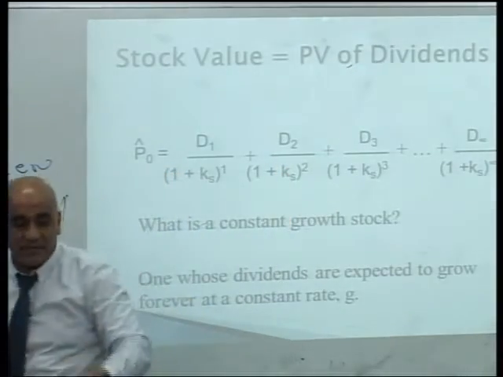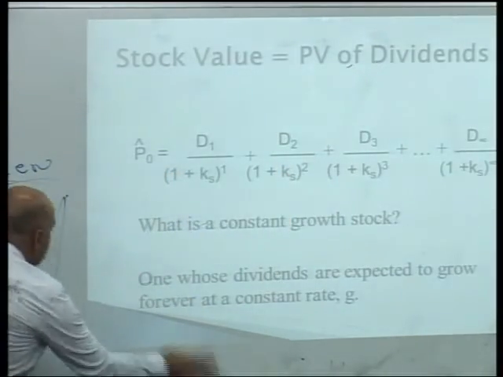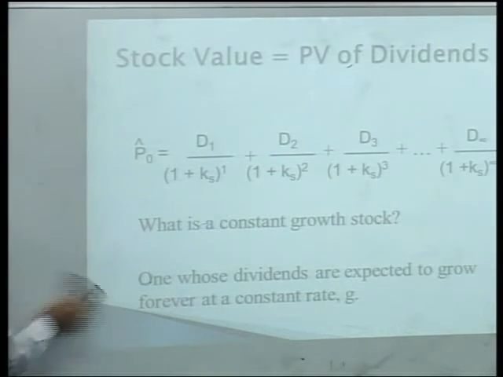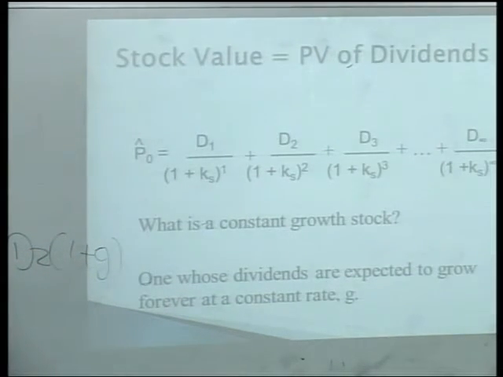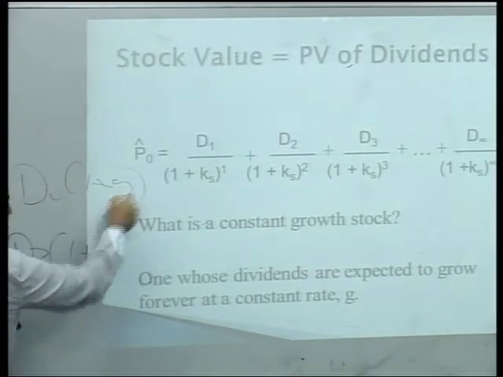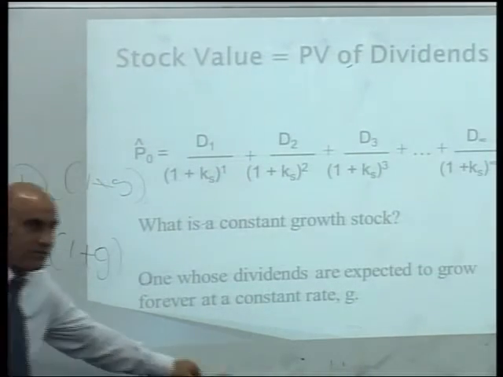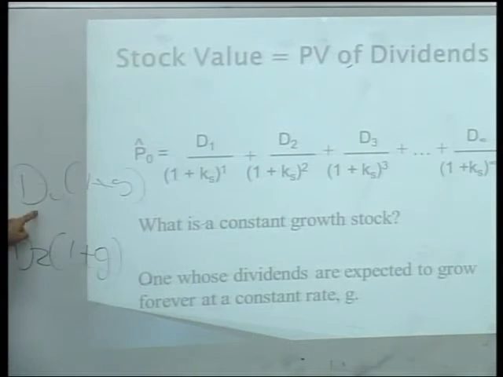What it means is a function. It means, for instance, D3 is a function of D2 times 1 plus the growth. Okay, let's go back then. D1 is a function of D0 times 1 plus G. So D0 is the initial dividends.